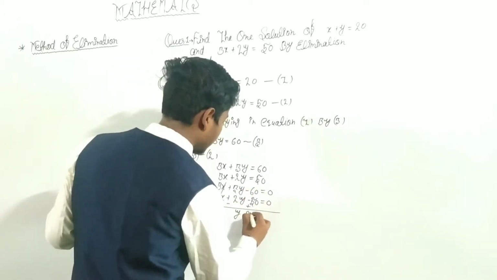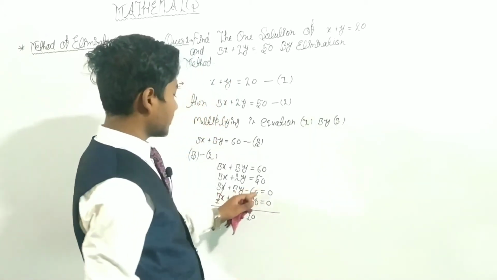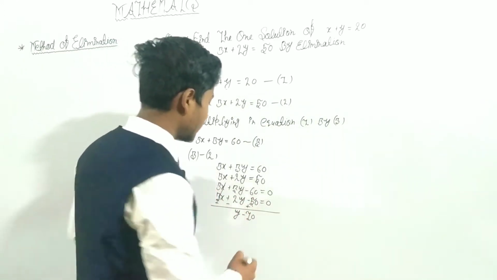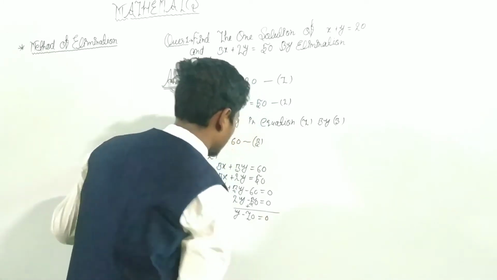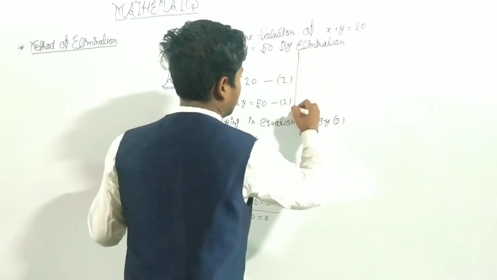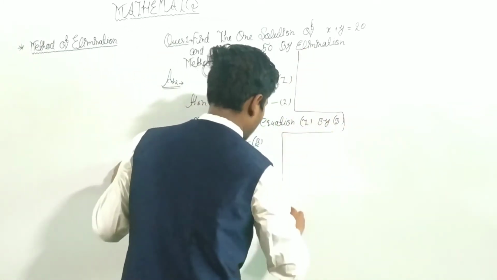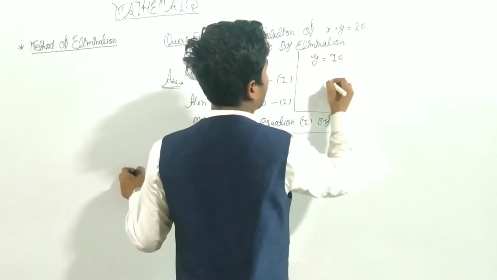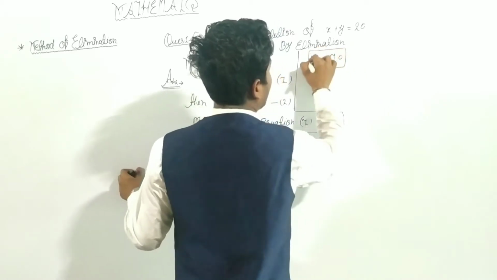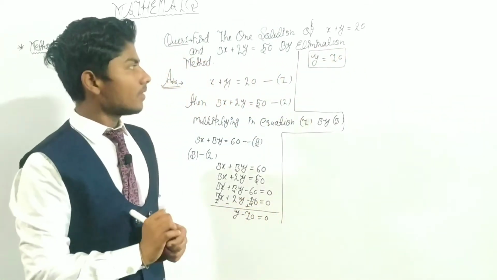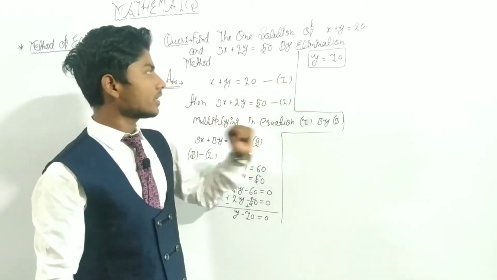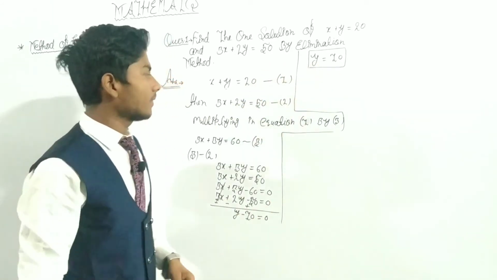Then minus 60 subtracted by minus 50 gives minus 10. So we get y minus 10 is equal to 0, so y is equal to 10. Now we have one variable's value in both equations, y is equal to 10.